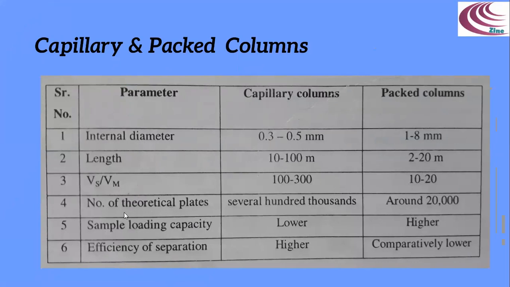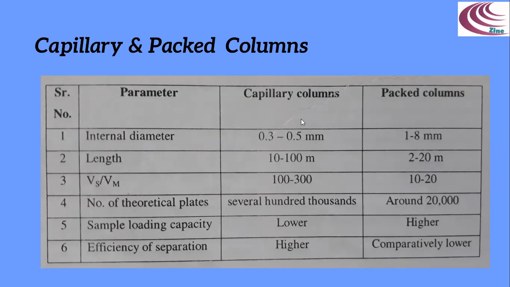At present you are very well acquainted with the concept of theoretical plates, and sample loading capacity and efficiency of separation. That is a chromatogram: in what way peaks get resolved from each other. That is efficiency of separation.